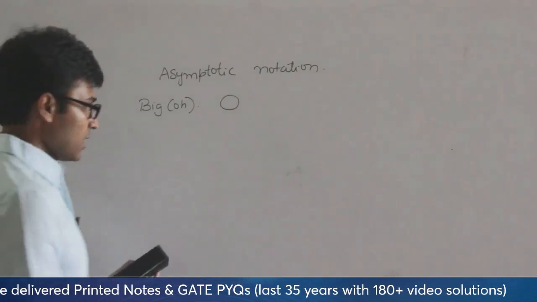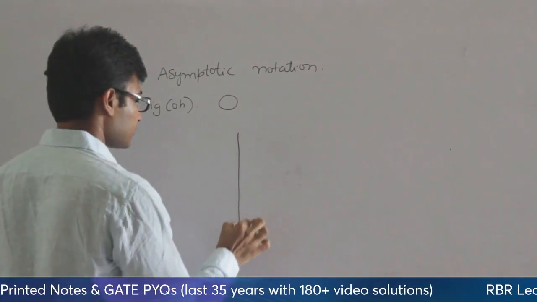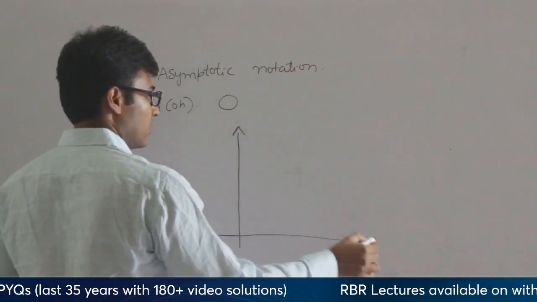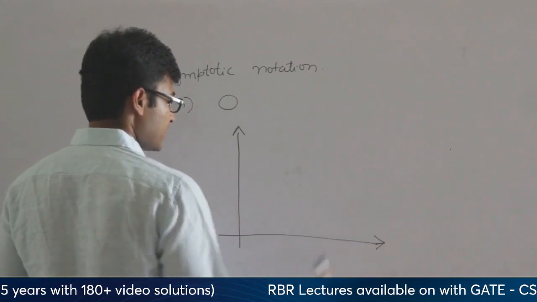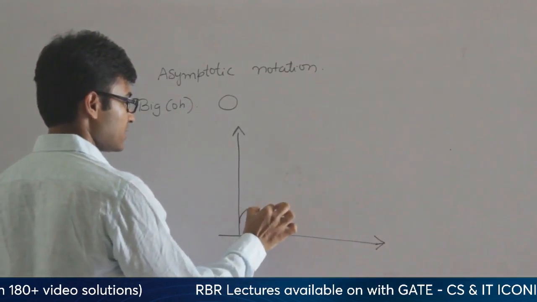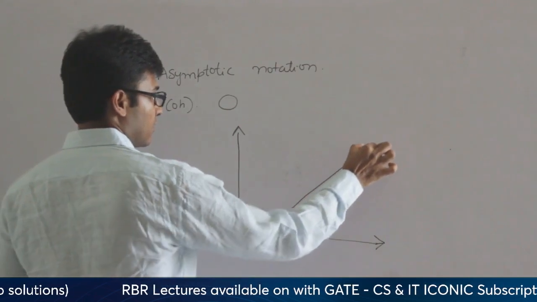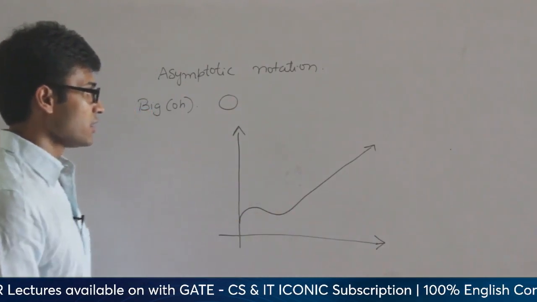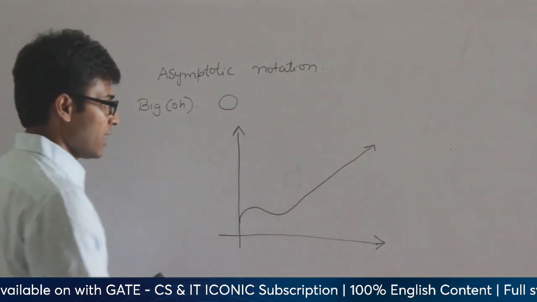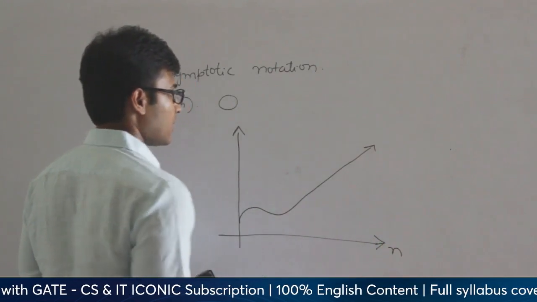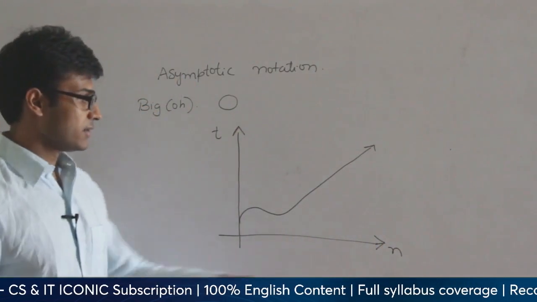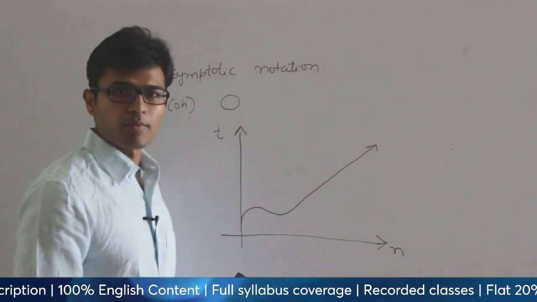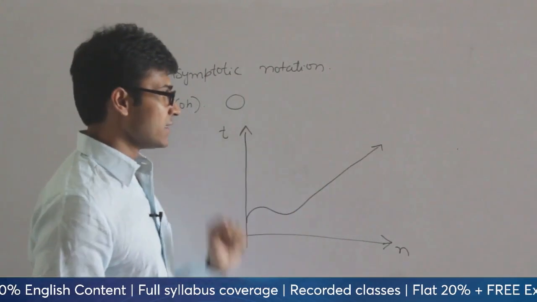So big O is nothing but this: let us say you have found out that, as the input size is increasing, the time is increasing like this. This is the time complexity, or the rate of growth of time, and this is n, which means if I keep on giving larger inputs to the problem, the time increases like this.